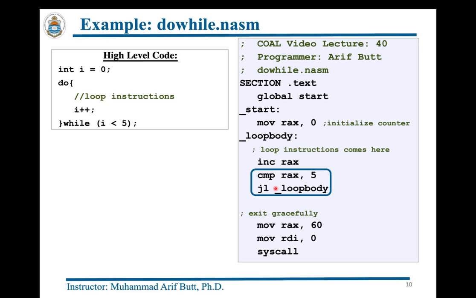So this will evaluate to true. Therefore the control will be transferred to the first instruction after the label loop body, that is over here.